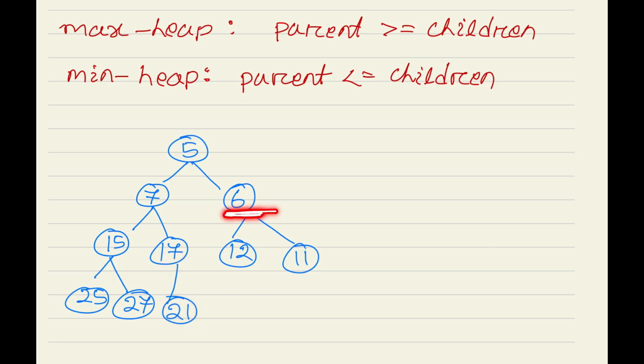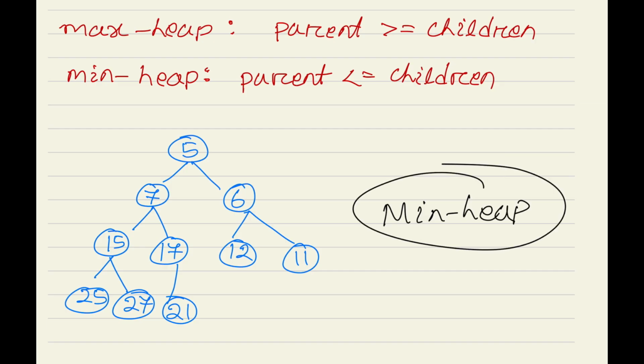Similarly, 6 is less than 12 and 11. So, we can say this heap is a min heap, and obviously this is a complete binary tree. Okay. Now the max heap and min heap part is clear. I hope you understood this one.